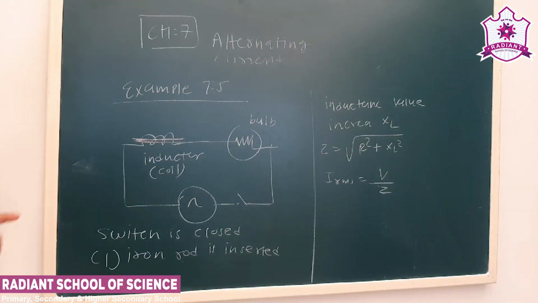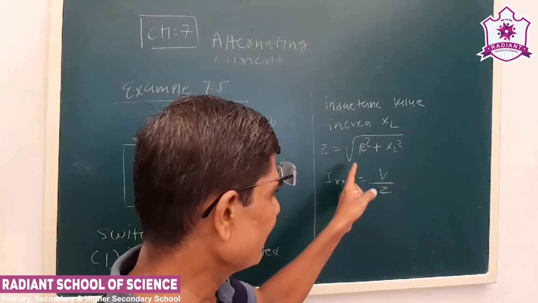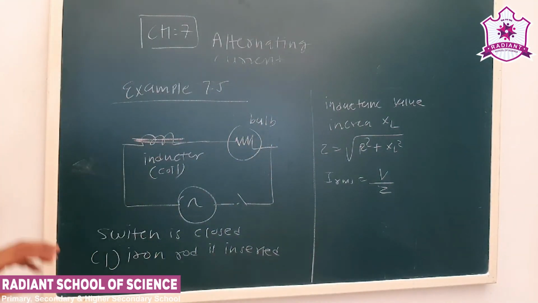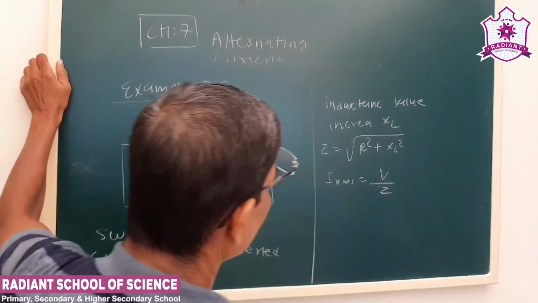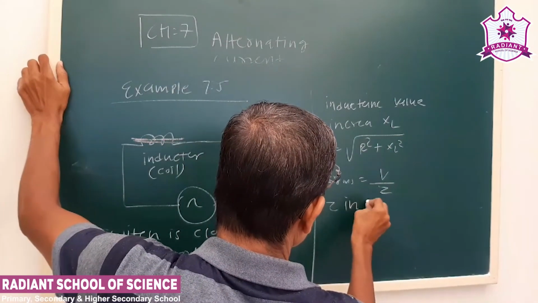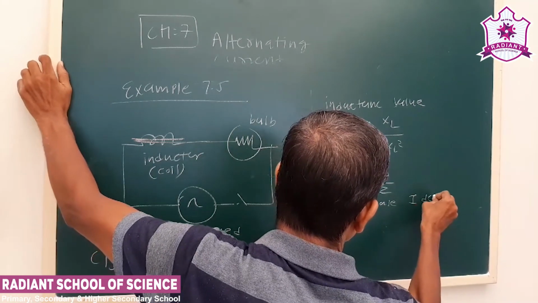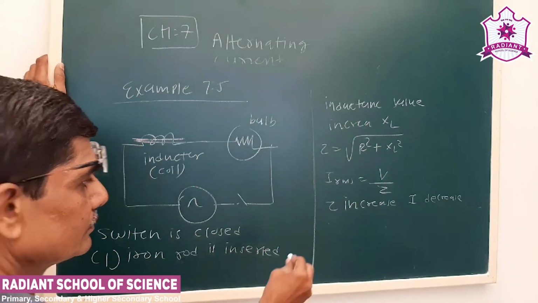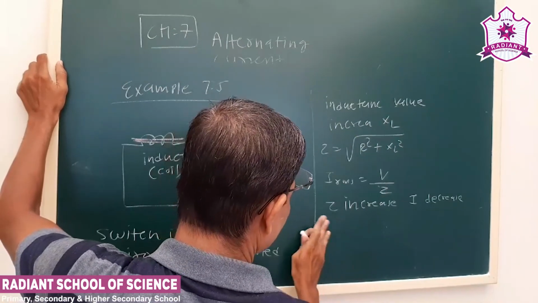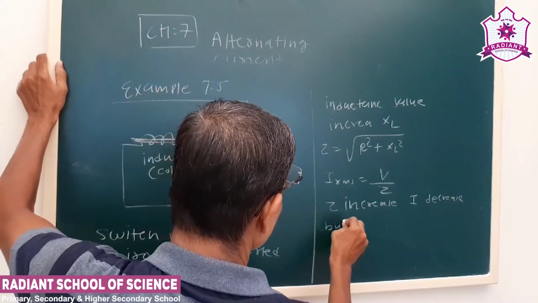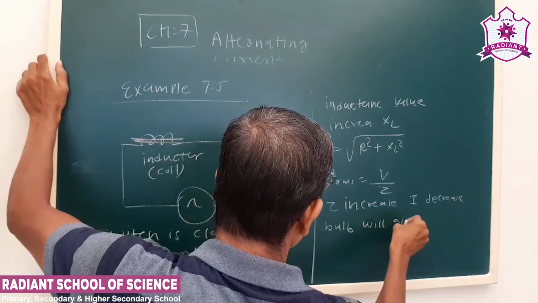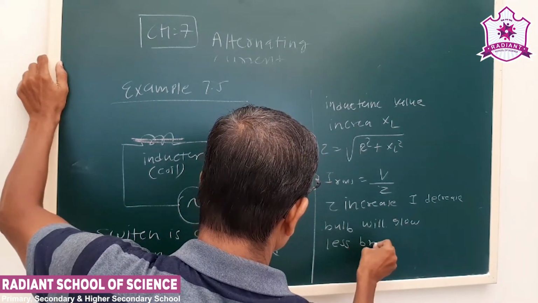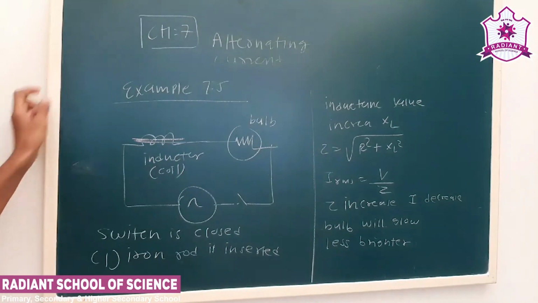So when the iron rod is inserted, Z will increase, so the current will decrease, so the bulb will shine less. With Z increasing, I decreases, so the bulb current decreases and the bulb is less bright, or the intensity decreases.